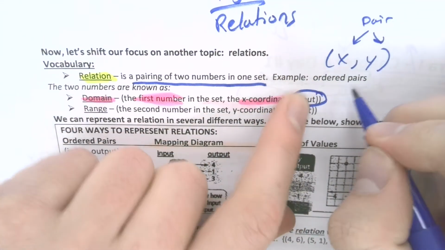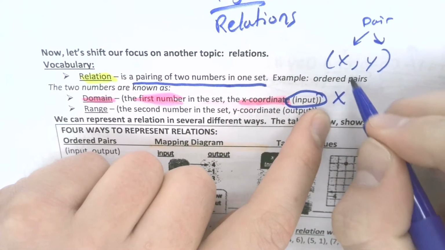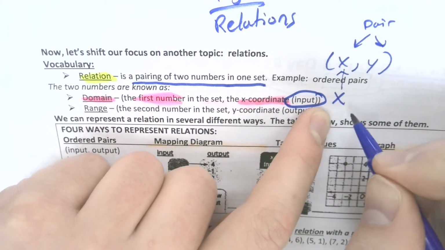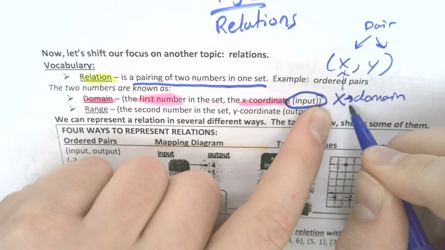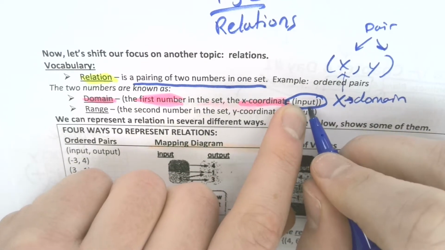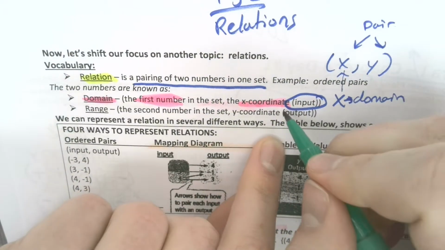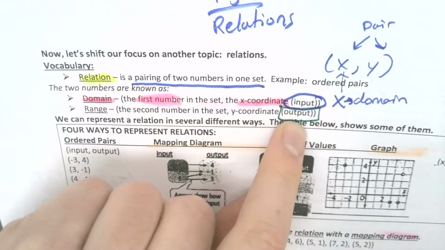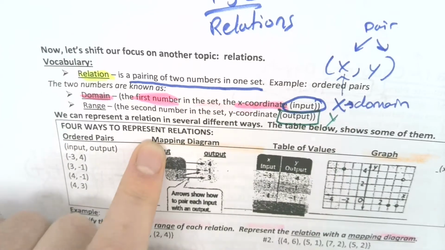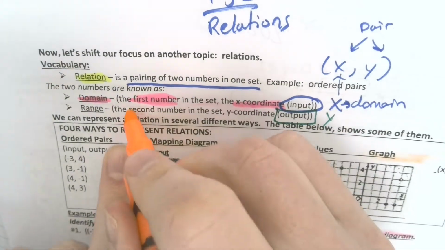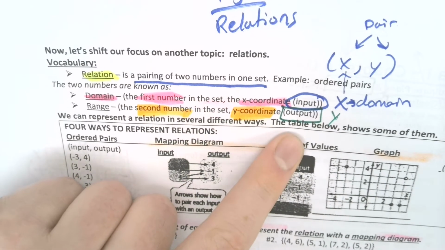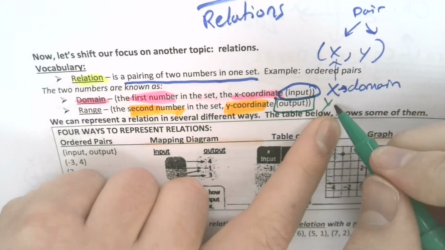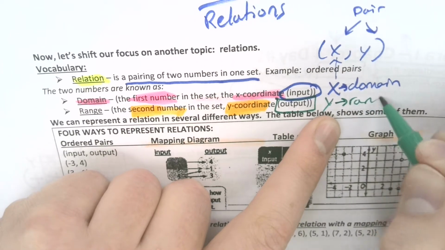In this case, x is your domain. It's the input value. Well, guess what? If you have an input value, you're also going to have an output value. And that's going to be the second number, aka the y coordinate. So your y coordinate is going to be the range. It's your output.